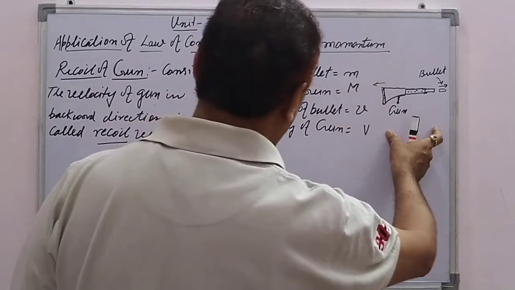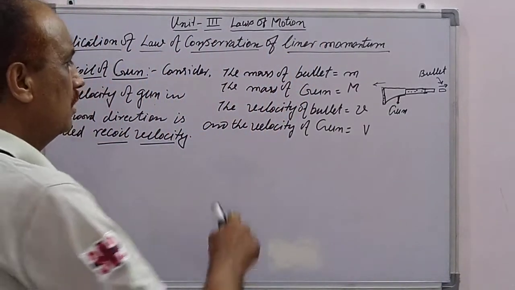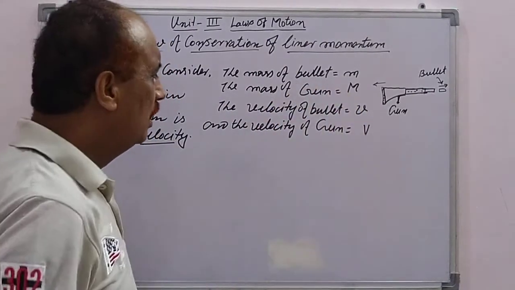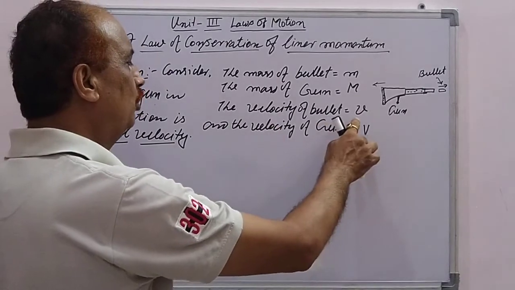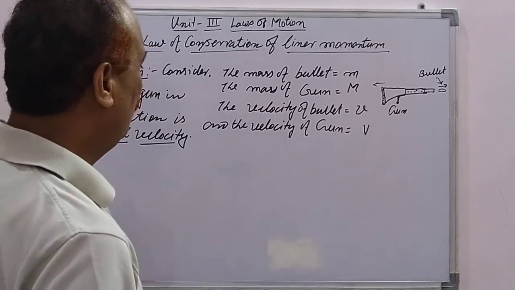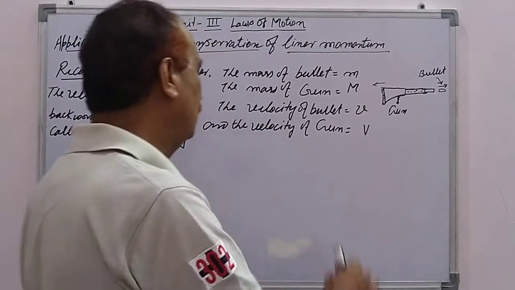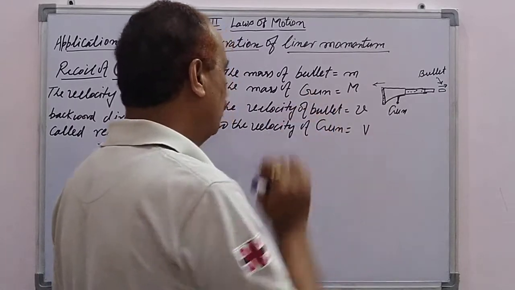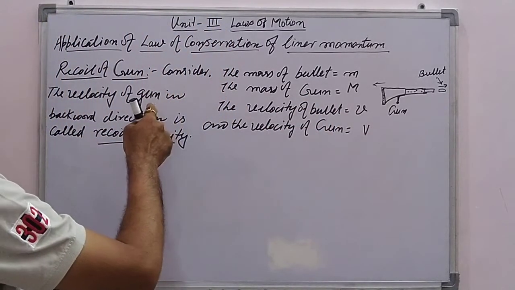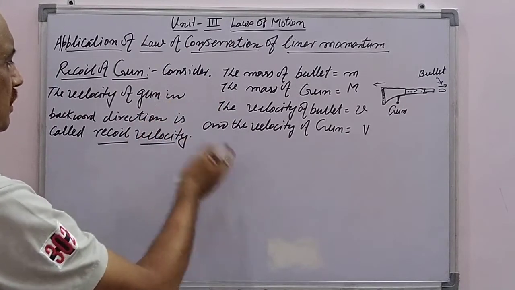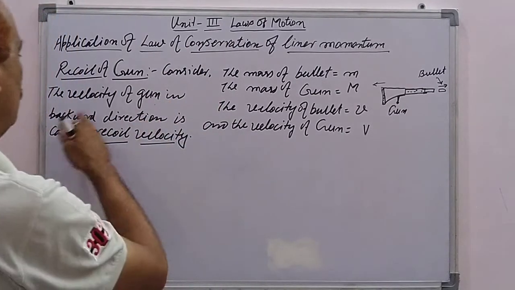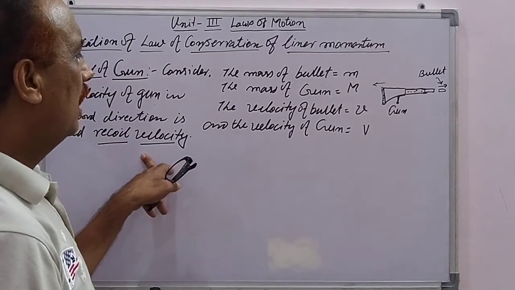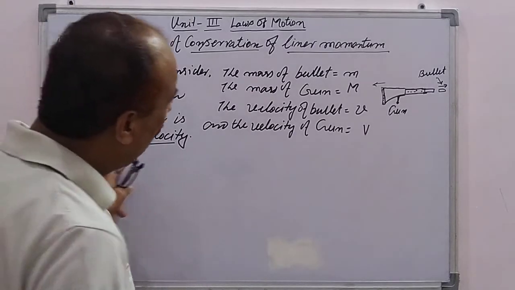To explain that system, suppose the mass of the bullet is small m and the mass of the gun is capital M. Similarly, the velocity acquired by the bullet is small v, and the velocity with which the gun is moving in the backward direction is capital V. This capital V is known as the recoil velocity, because it is the velocity by which the gun moves in the backward direction.